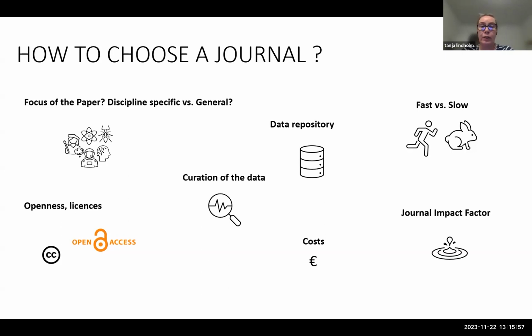So there are several different aspects. For example, some of the things are similar to when you try to find a proper repository, whether the journal is discipline specific or it's general.